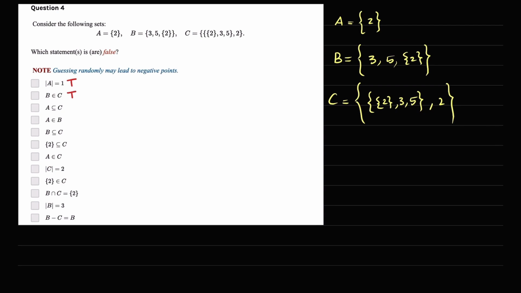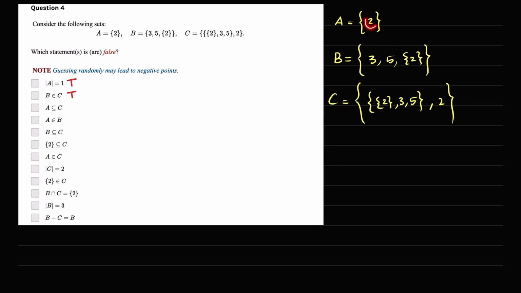A is a subset of C. A is this and C is this. If I want to check the subset relation, I need to see if every element within the first set, in this case only 2, is an element of the second set, and that is true.